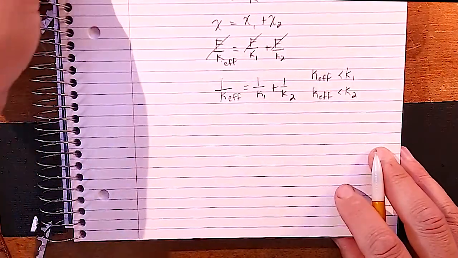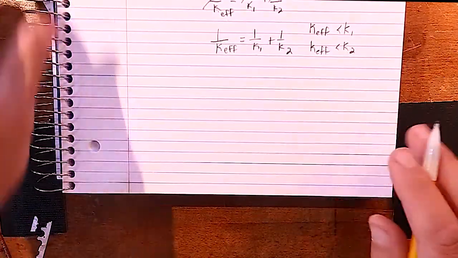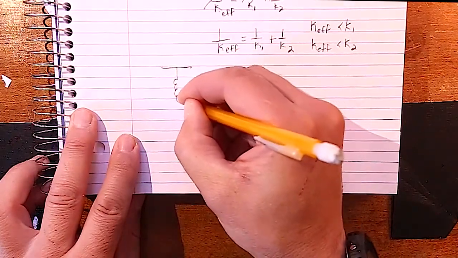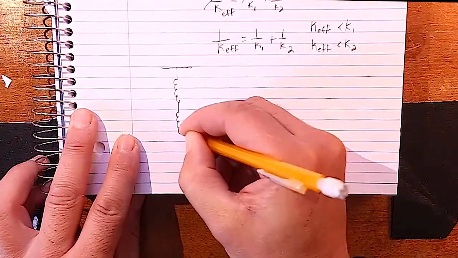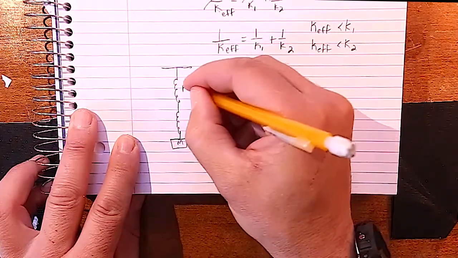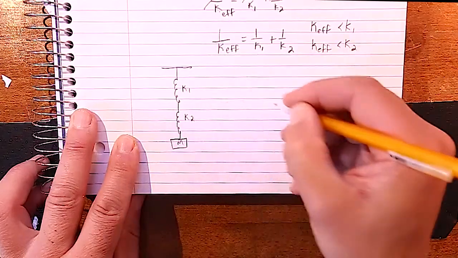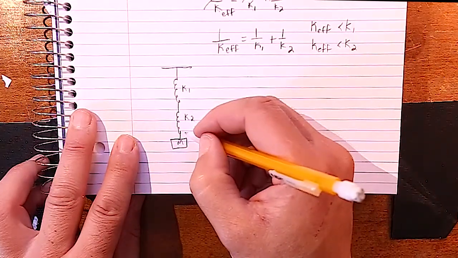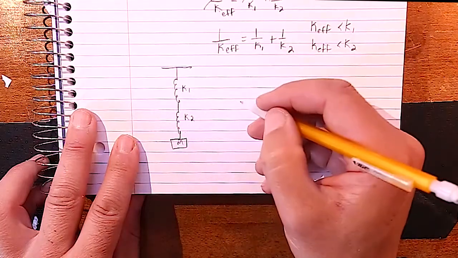So what would happen if we took these springs and we hung them in series? So we took one like that, and we took one like that, and we added a mass. So now we have K1 and K2. What would happen to the period if we put these in series compared to individually?